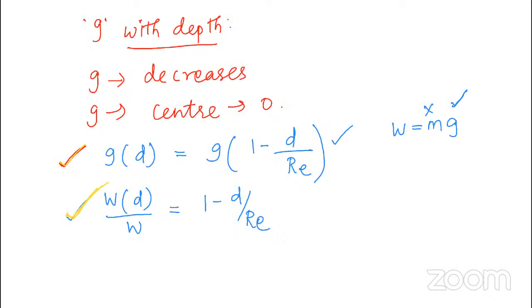Then one more formula is there. Therefore, delta g divided by g is equal to d by R_E into 100 percent.